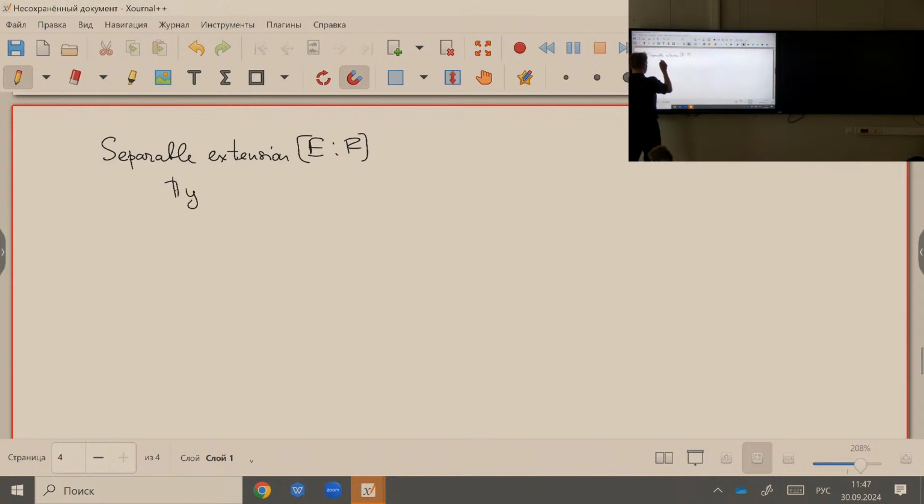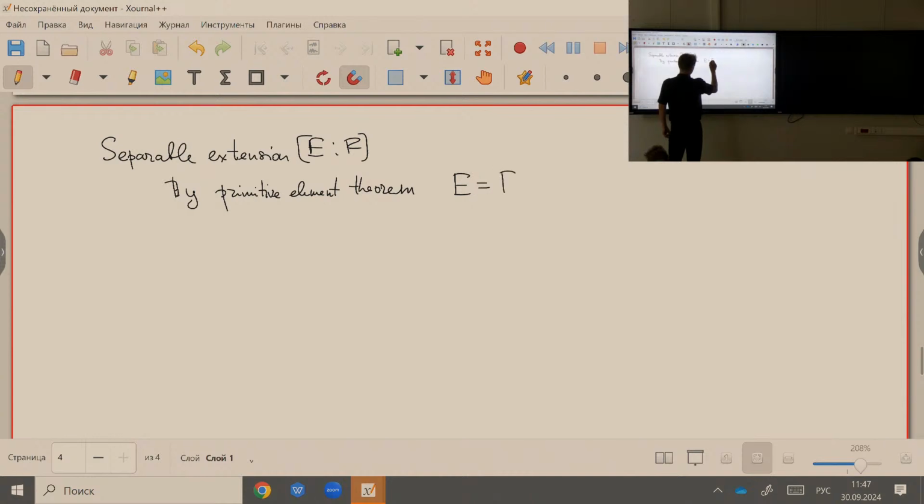We can apply the primitive element theorem, so you can assume that E is obtained by adding one element.